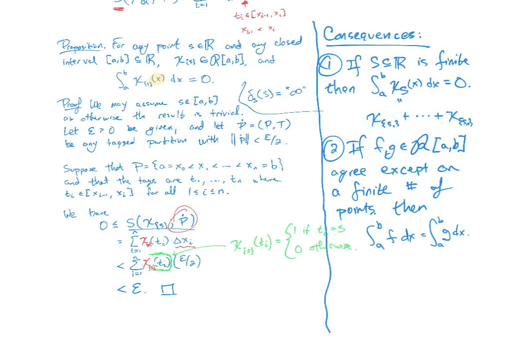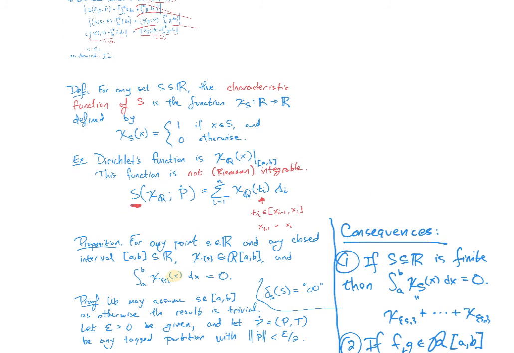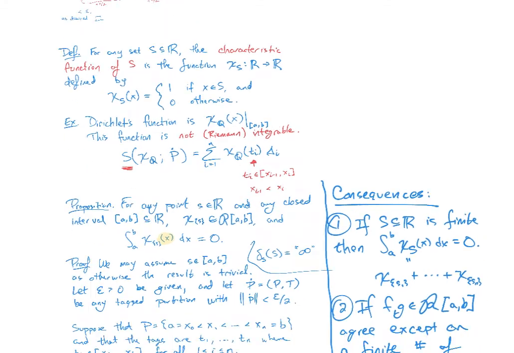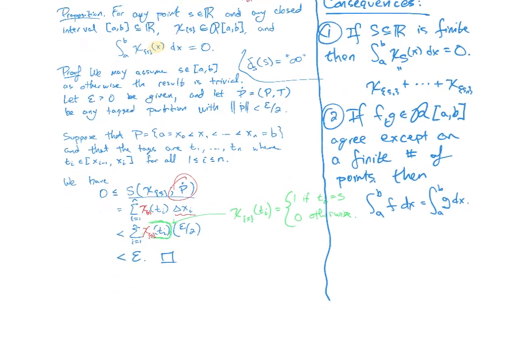Okay, so that's characteristic functions of finite sets. They integrate to 0. We talked about how the characteristic function of the rationals is not Riemann integrable. I promised 3 results. Running out of time for the third one, but let's at least state it.